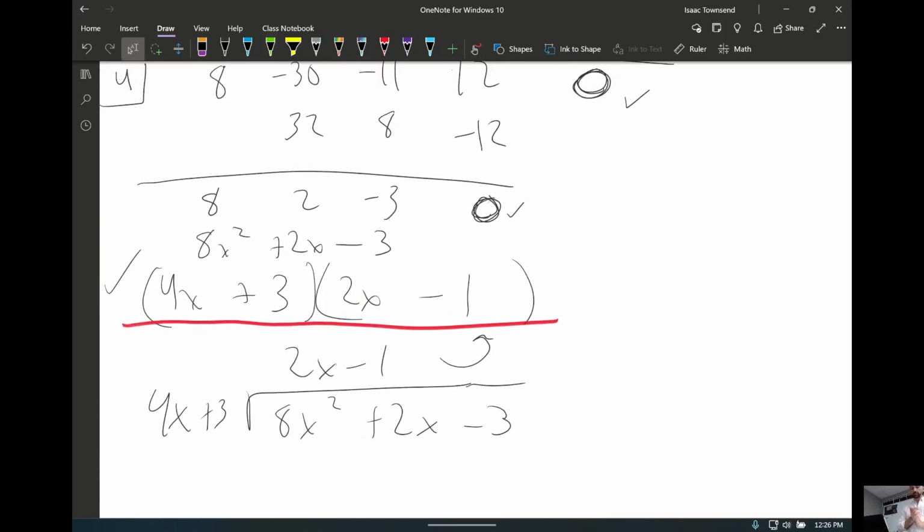Okay, one more time. Could you do like x plus 3/4 instead of 4x plus 3? You could, yeah. That's fine. And then over here, instead of 2x minus 1, you could say x minus a half. That would be fine too.